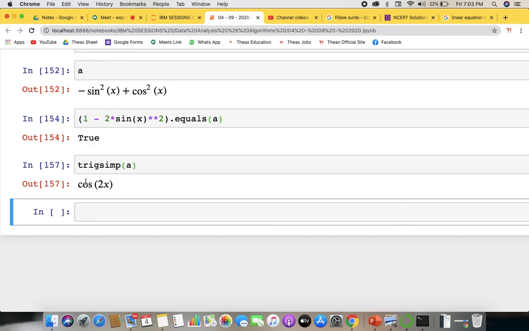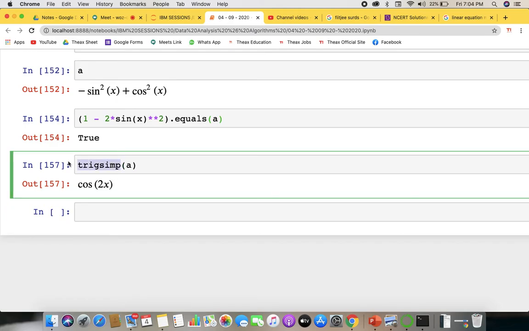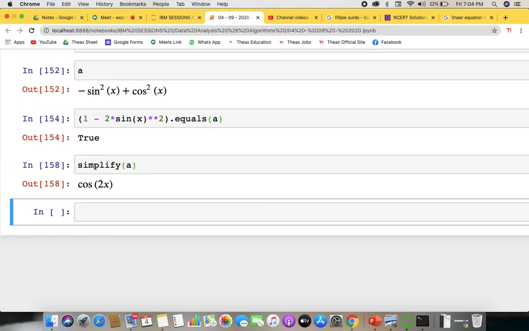Got it? What is trigsimp, I'll also go into that. For now, don't be confused, go with simplify. So this equals cos 2x, also equals 1 minus 2 sine square x, right? I'll leave it, it's okay.